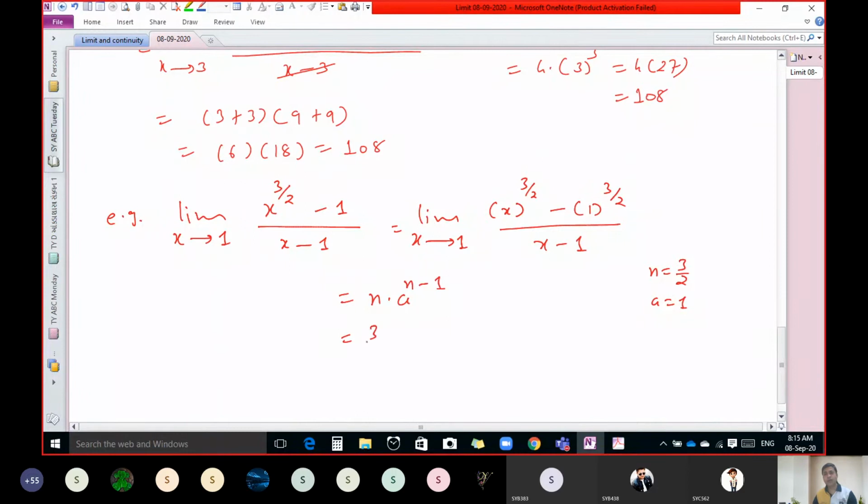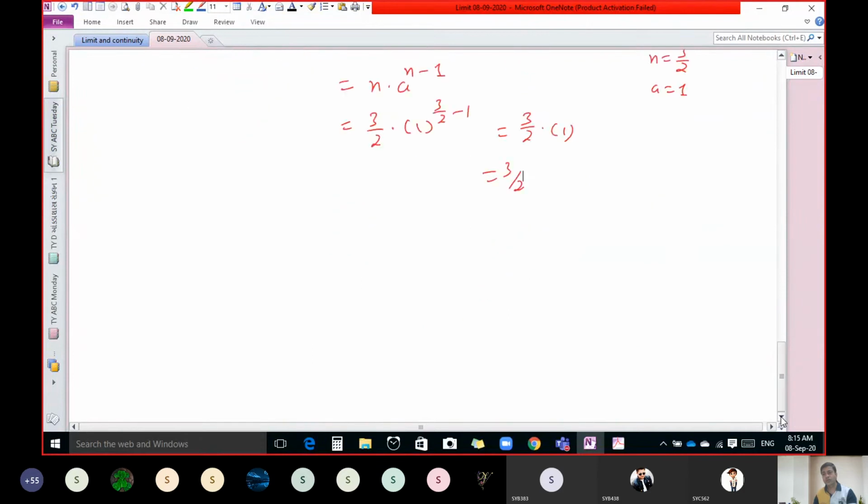So n is 3 by 2 into 1 raised to 3 by 2 minus 1. But 1 raised to anything is 1. So our final answer is 3 by 2. So if you learn this result, definitely we get a very quick answer for this type of question.